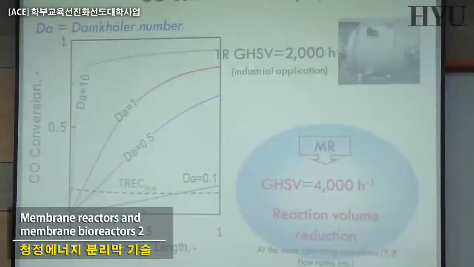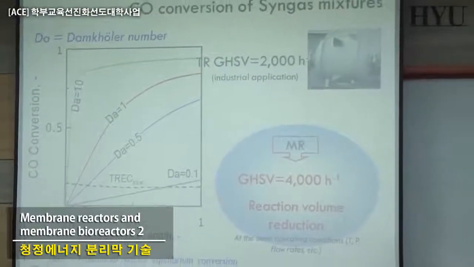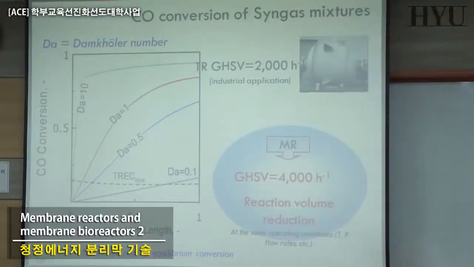In this case you can replot just in terms of the Damköhler number, and you can see again that the traditional one is at Damköhler 0.1, and when you go to 0.5, or 1, etc., the curve characterizing the membrane reactors is much more interesting than the other one. And that is the situation.